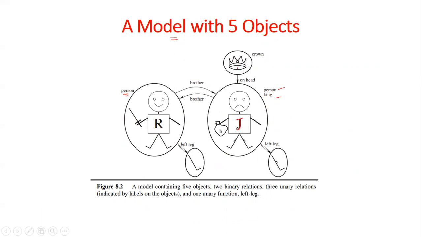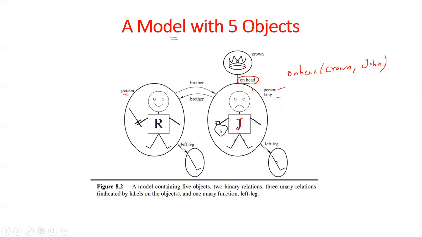As he is a king, he has a crown. So the crown is on the head of John. This on head is a relation. It is something like this: on head of crown, comma John. That is, the crown is on the head of John.